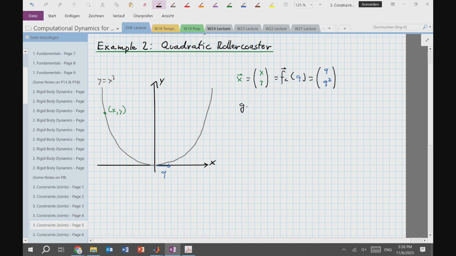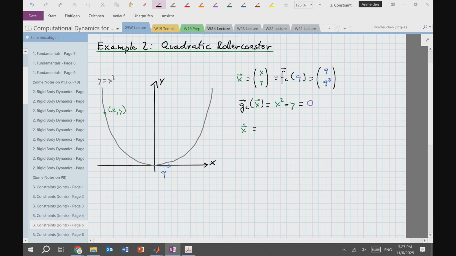The implicit constraint equation, GC of x, I can write as x squared minus y is equal to 0. That would be the same constraint in implicit form.